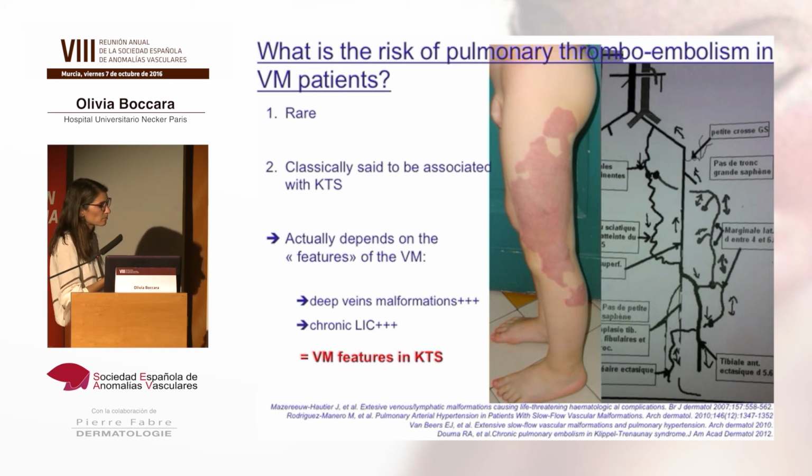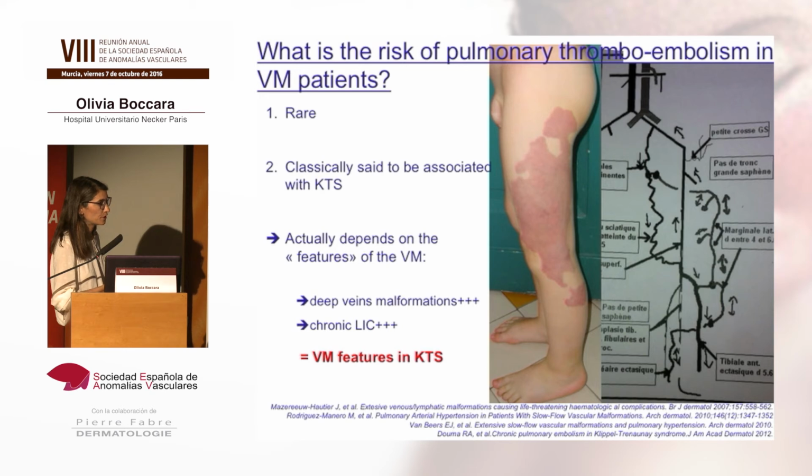This risk is probably due to two features that are needed: the fact that the deep veins of the limb, upper or lower, are distorted and enlarged, and also that the patient has a chronic LIC.